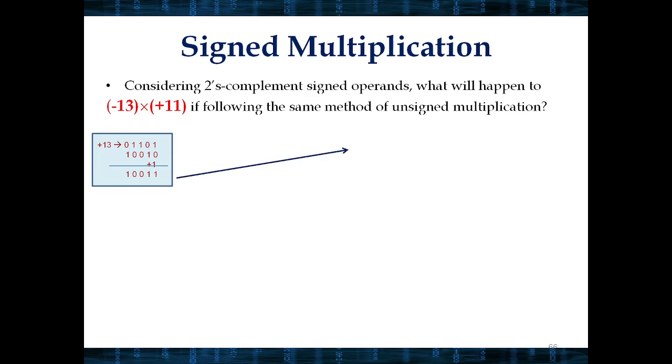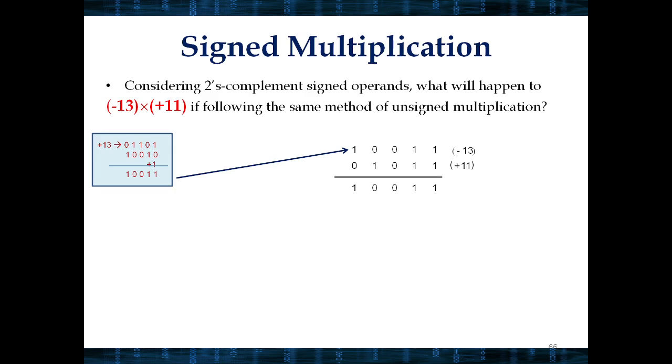So what we have to do here is take the positive 13 and convert that into a 2's complement value. That is nothing but 10011. Then the multiplier is nothing but 01011. So we need a 5-bit value to represent these two numbers.